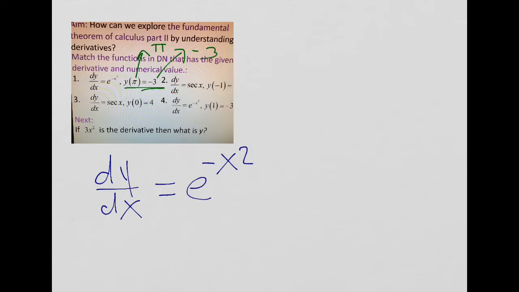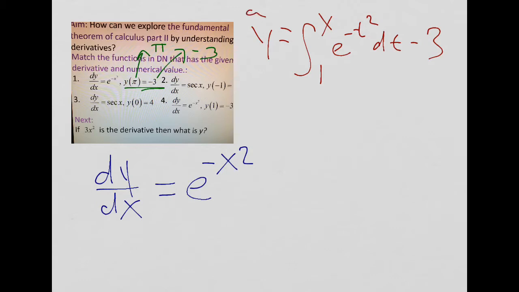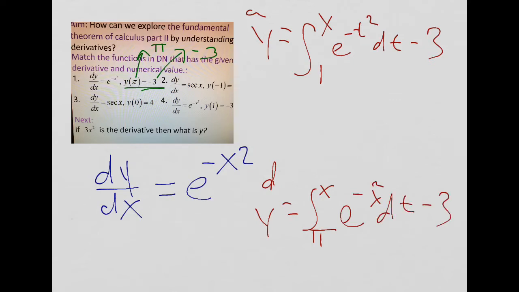So take a look at A. It had a y value and an x. And take a look at D. It had a y value, x. And it was a little bit different because the lower limit of integration was different, and we have these values after our integral.